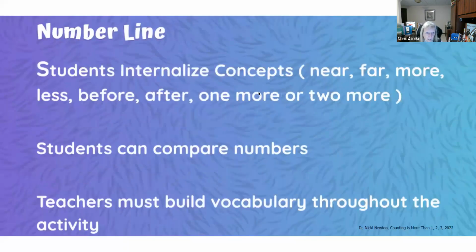So the number line helps them to internalize a concept, not just see it and hear it from us as we talk about it, but they actually do it. They put things on the number line. They physically can put it on and make a connection with those numbers that are on a number line. And the reason this is key is when we start talking about unit fractions, we teach so much counting in primary. We teach them to count to 1,000, in some cases 10,000, 100,000.